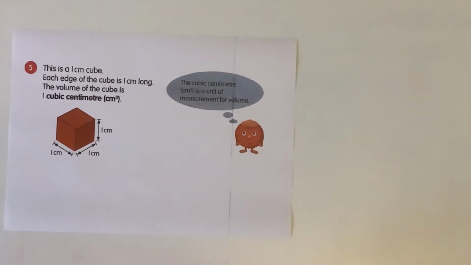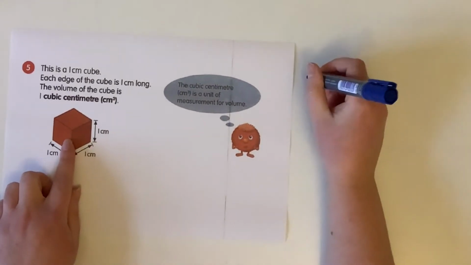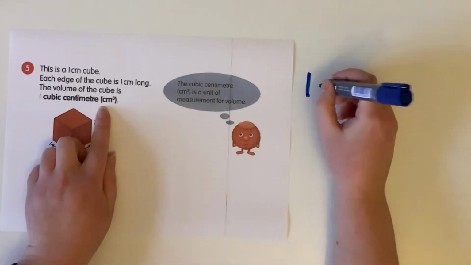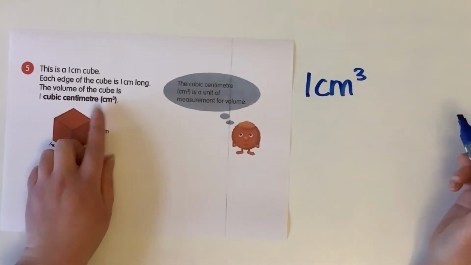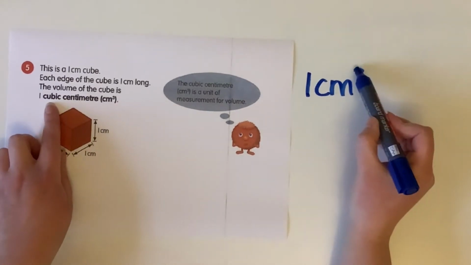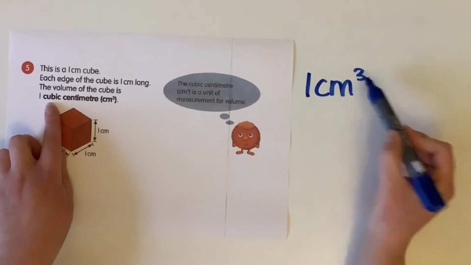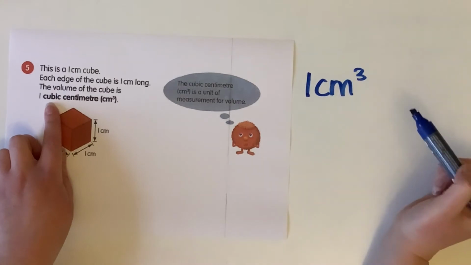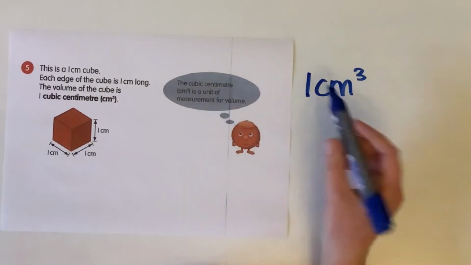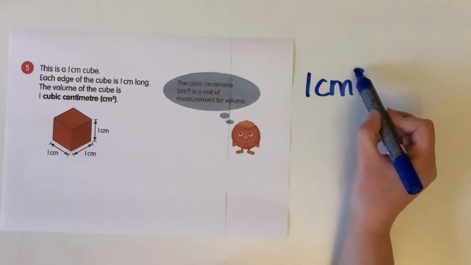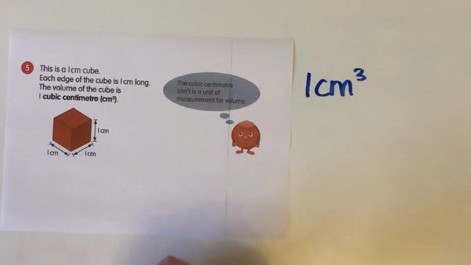So the volume of this shape here is 1 cubic centimetre, and I would write that like this. Because it's cubic, I use this little 3 above my unit of measurement, which is centimetres. So the cubic centimetre, the centimetre with a 3, is a unit of measurement for volume.